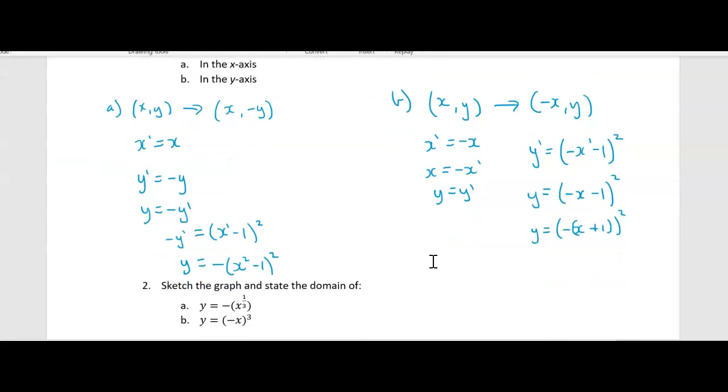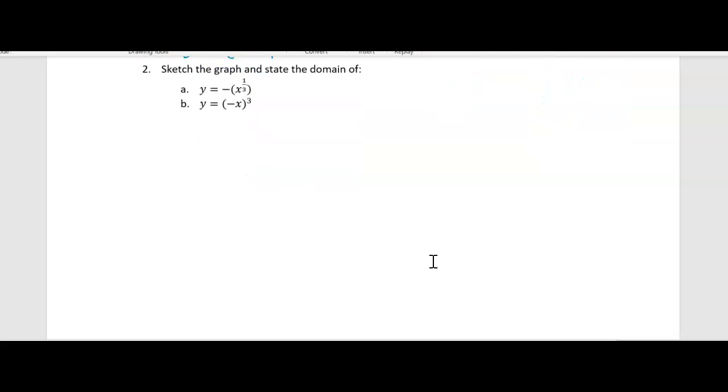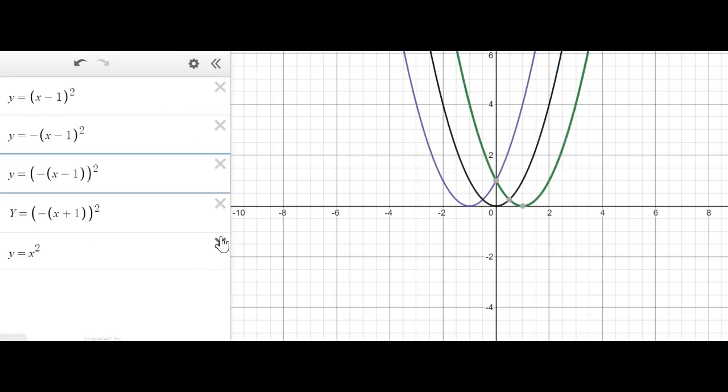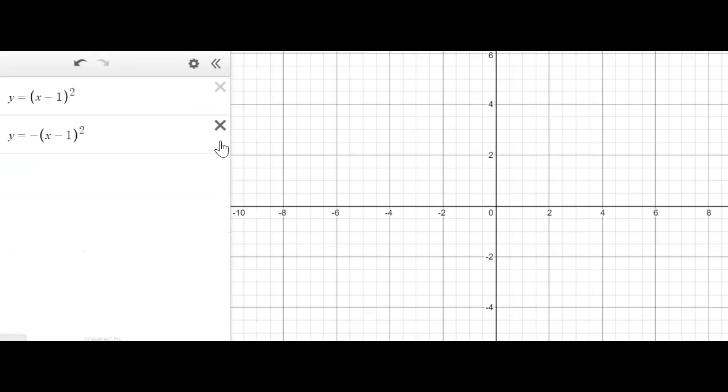So, part 2: sketch the graph and state the domain of these. I'm just going to sketch these because they're quite interesting graphs, as we've got a cube root graph and a cubic graph. So let's go back to our graphing and get rid of all the ones that we had.